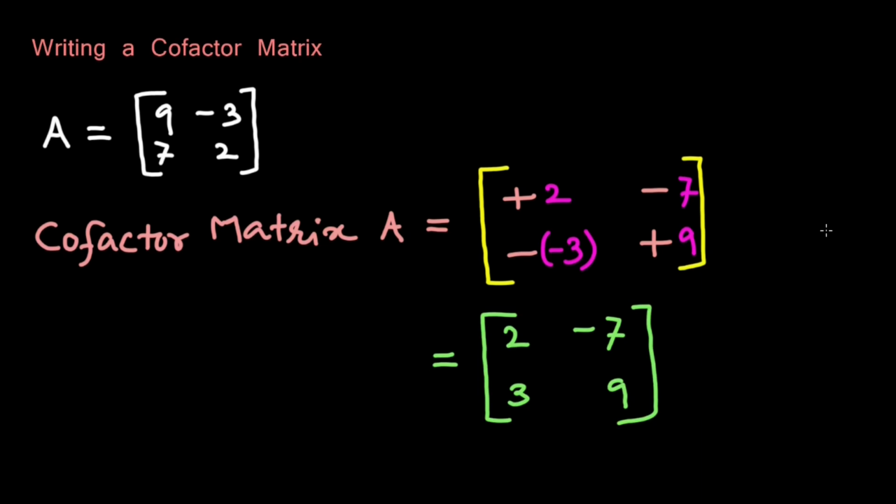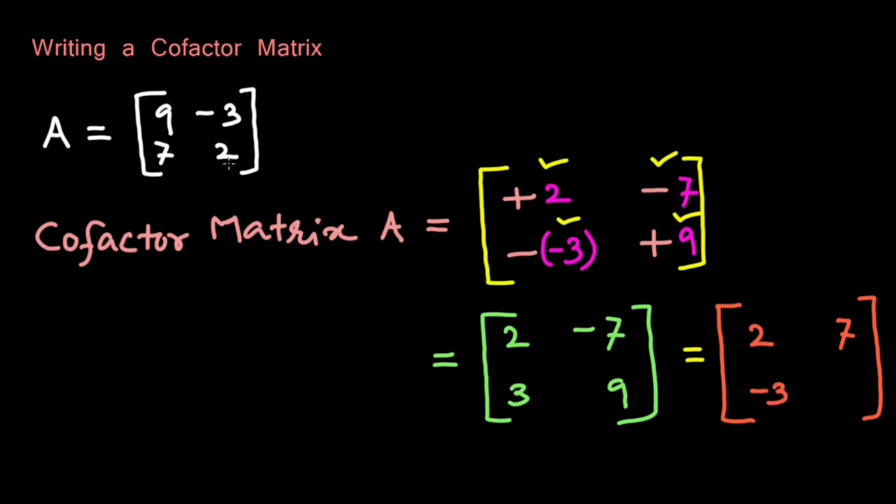We can remember this method even in this way. You can simply write the minors first, which are: the minor of 9 is 2, the minor of minus 3 is 7, the minor of 7 is minus 3, and the minor of 2 is 9.